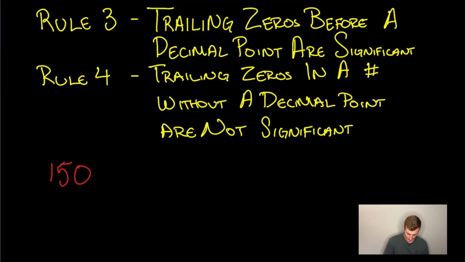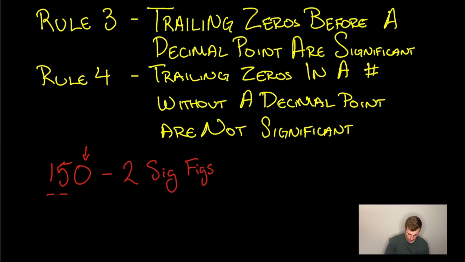If we just write it like this, you have these 2 non-zero digits in the front, and then you have that 0 digit on the end. That 0 digit doesn't have a decimal point afterward. So this is telling us that these first 2 digits are significant, but that 0 is not significant. So this number only has 2 significant figures.